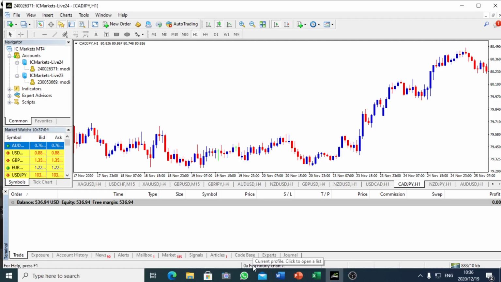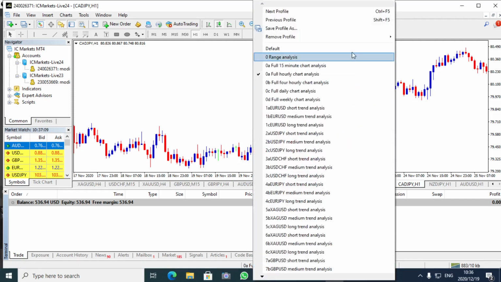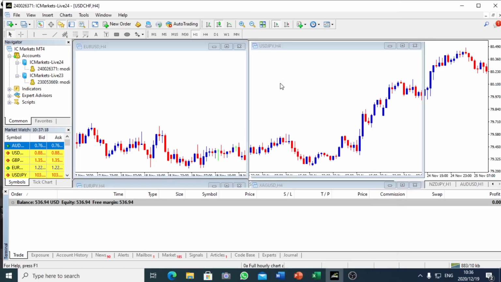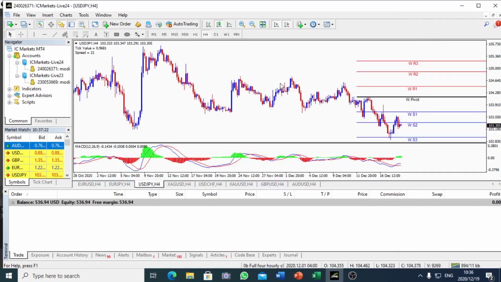Okay. As you can see, there are a lot of profiles that I've opened here. Maybe let's open another profile. Full 4 hour. There are indicators on this profile, this profile being saved, and there are pairs. You see these pairs now are minimized.